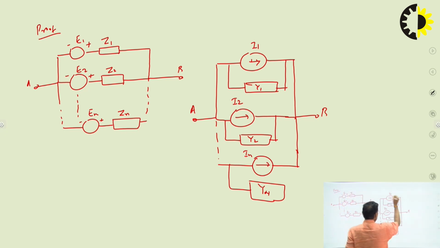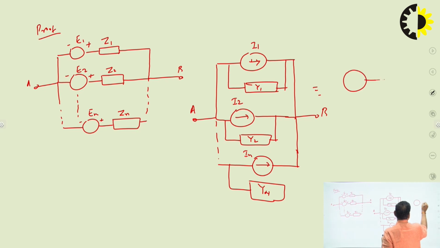So, this is the current and this is the admittance. This can be written as a simple current source, say this is your I, because all the currents are approaching terminal B. So, I is equal to I1 plus I2 plus I3 plus In, and all the admittances are in parallel, so they can be added like this.